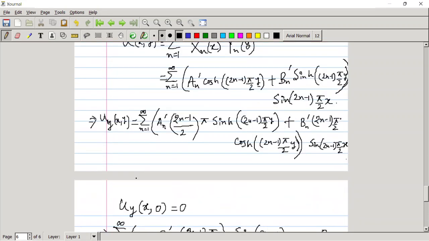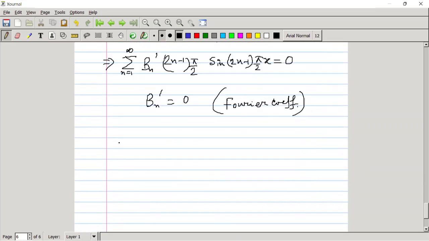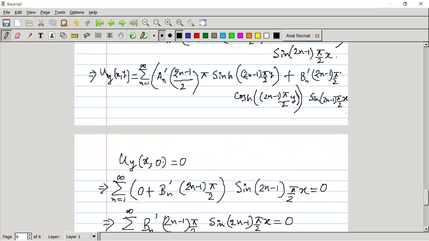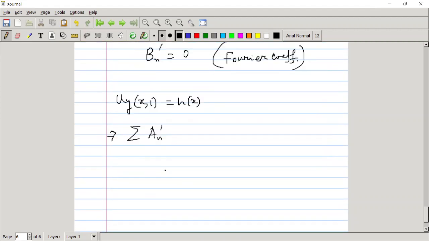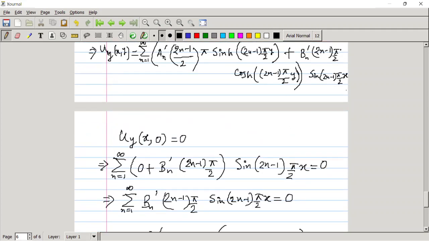Now my another condition is uy(x, 1) is equal to h(x), not 0. Since I got bn dash equal to 0, this portion is 0. So only the an dash portion will be there. That is summation an dash into something, (2n minus 1) by 2 into pi, sine hyperbolic of (2n minus 1) by 2 pi, with y equal to 1 I am putting.